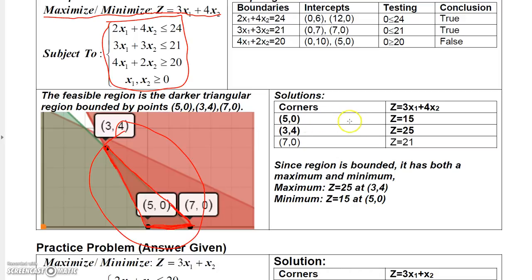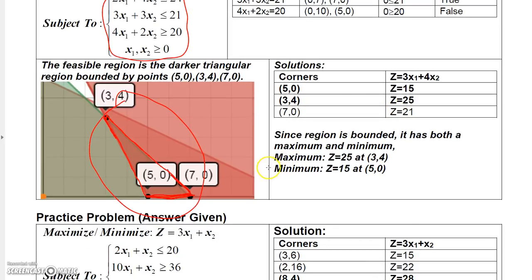If I plug 5, 0 in, I get 15. If I plug 3, 4 in to this, I get 25. And if I plug 7, 0 in, I get 21. So we actually have a maximum of 25 at the point 3, 4, and we have a minimum of z equals 15 at the point 5, 0.